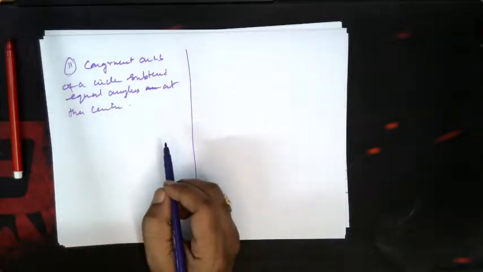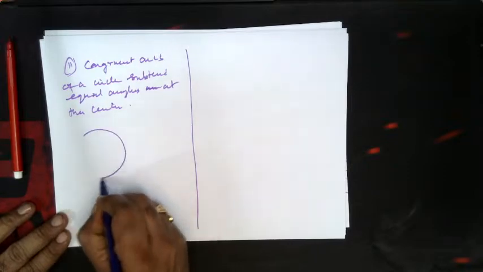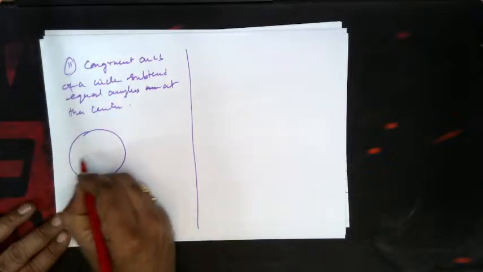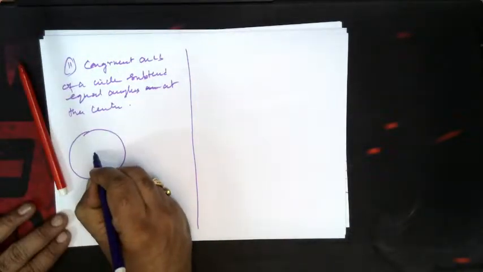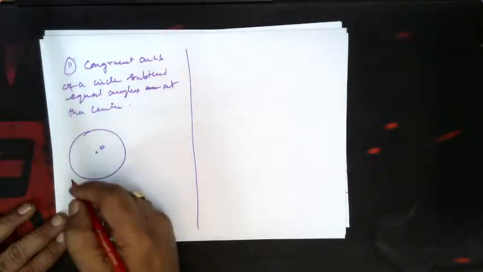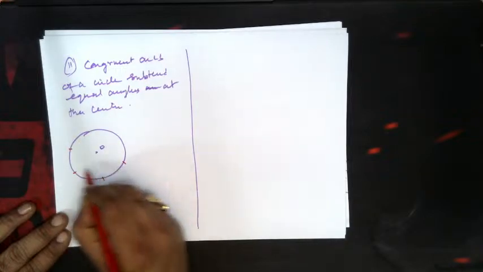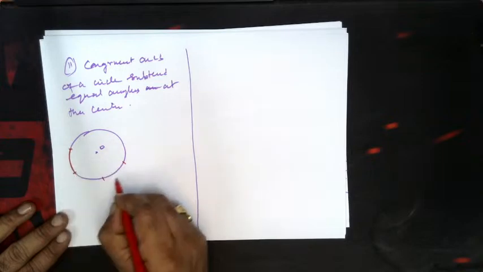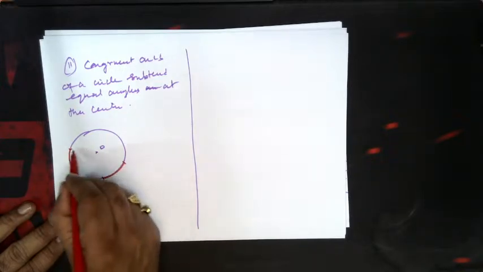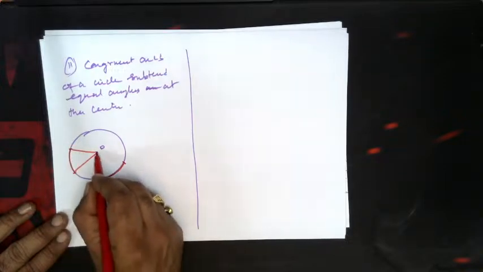Okay. So what do you mean by this? The same is applicable. We draw a circle, and this is the center point, O. Now we have two arcs of the same length, and the center angle is this one. You have another center angle.